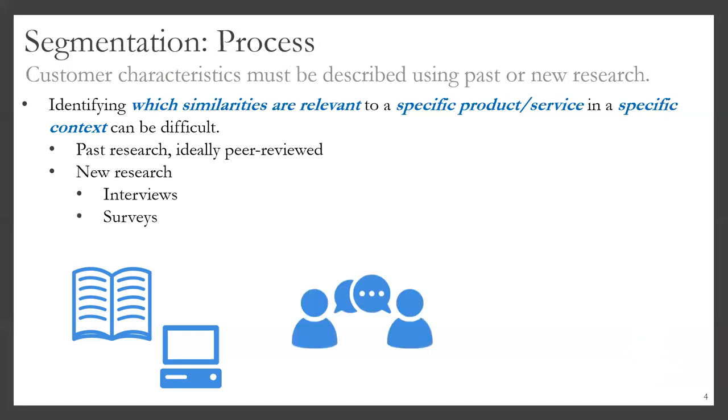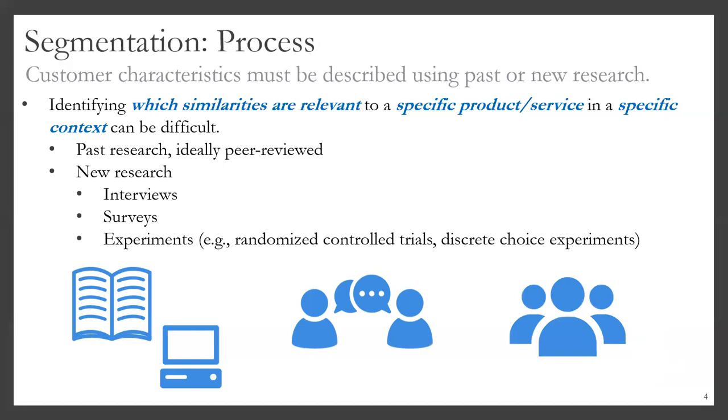That's most common, usually starting out with something like qualitative interviews, moving up to quantitative surveys. But ideally you would perform some type of experiment to really understand if your customer segmentation matters to this particular product or service in this context or not. So I'm going to be giving you two examples. One is a randomized control trial and the other is a discrete choice experiment.